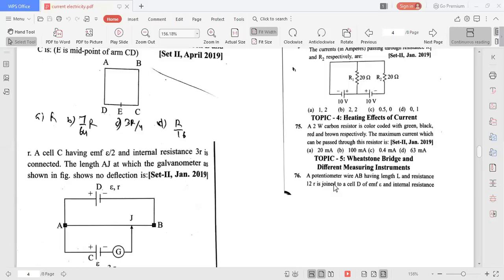It is joined to a cell D of EMF capital E and internal resistance small r.